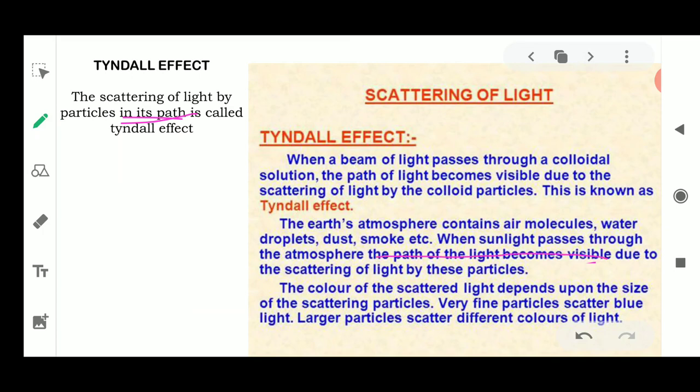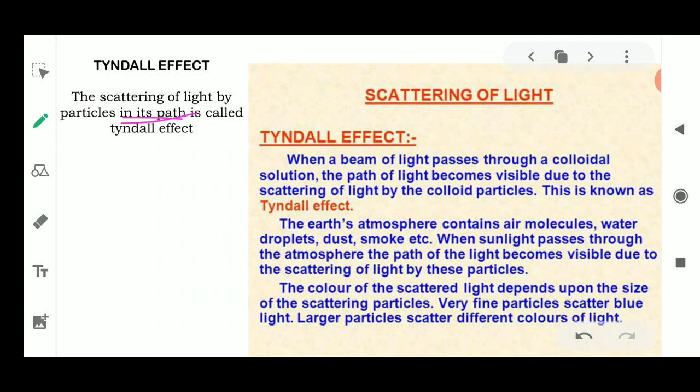The path of the light becomes visible due to the scattering of the light from these particles, meaning the particles of dust, smoke, water droplets and air, whatever is present in the atmosphere. So this is known as the scattering of light.